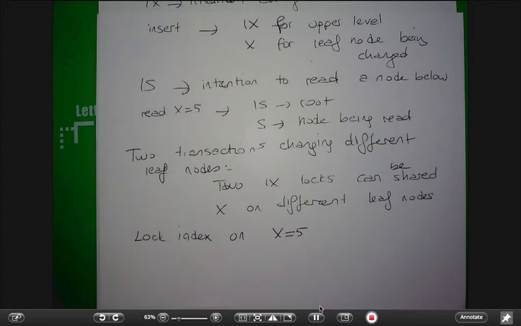All you have to do is lock the node with x equals 5, and that means any node below will also be locked, right? So this is important because sometimes when you are, let's say, querying x equals 5, you don't want people to insert new tuples with x equals 5 because you want to count how many tuples with x equals 5 you have. You can lock on that condition.